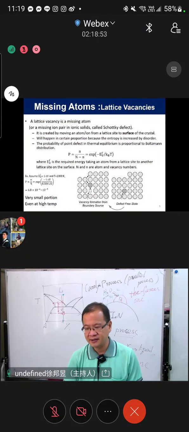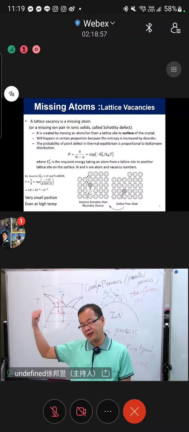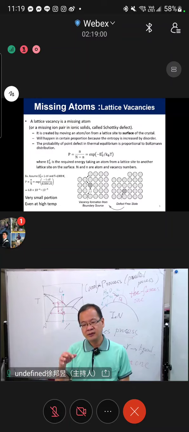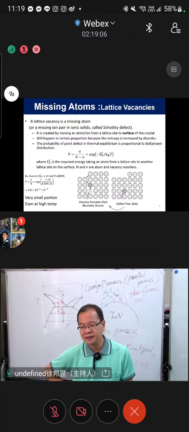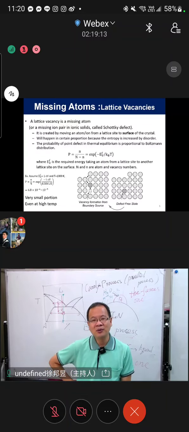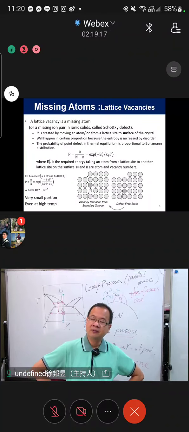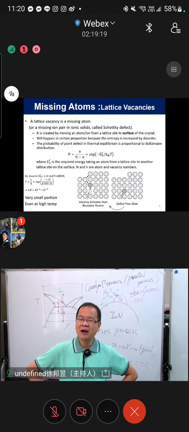Okay, the very classic example. Now you look at the equation first, then we go to the whiteboard later. The most important thing is the vacancy, the missing atoms, all right? But why you see the Boltzmann distribution, you should ask yourself, not only memorize the equation. When you think about what I have mentioned, you know it's all about energy difference, right?